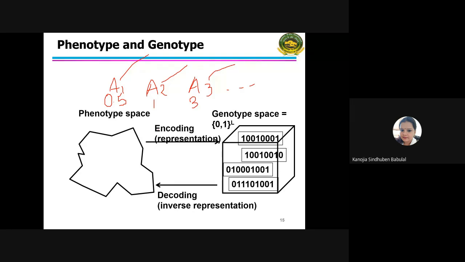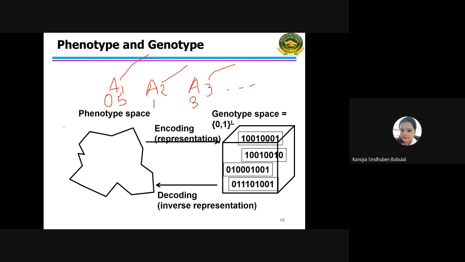So at any instance, the value that these parameters are having is known as a genotype. In totality, we can say genotype and phenotype, and one more thing, the mapping of genotype to phenotype is important.